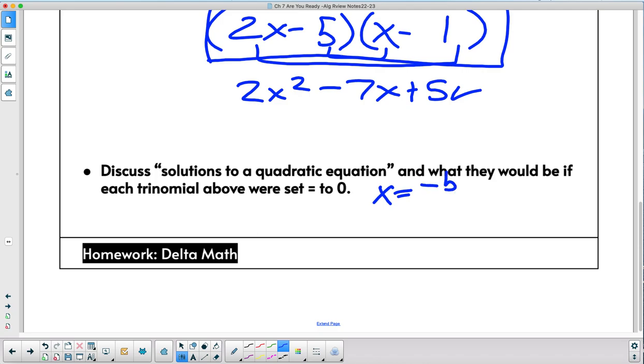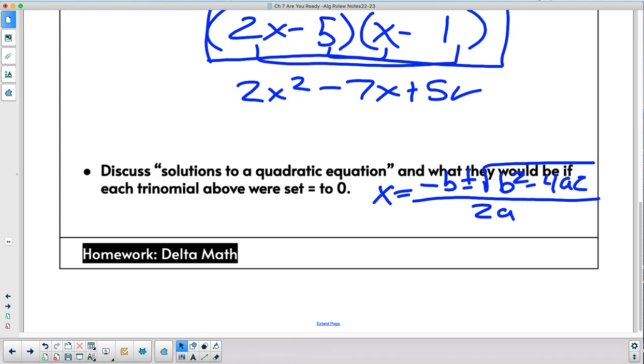The opposite of b plus or minus the square root of b squared minus 4ac all over 2a gives me the zeros where the graph of the quadratic crosses the x-axis. So if each one of these was set equal to 0, our solutions would help us know where it crosses the x-axis. We'll do more of that tomorrow when we talk about the quadratic equation.